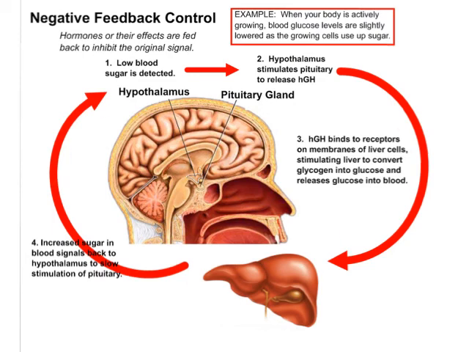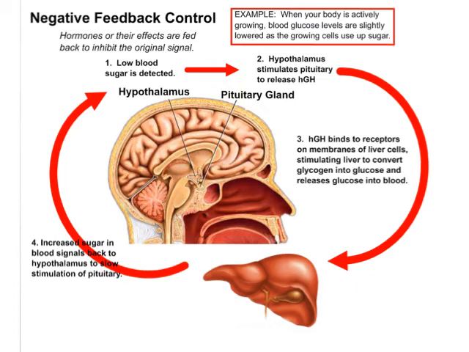The example is when your body is actively growing, your blood glucose levels are slightly lowered as the growing cells use up all that sugar to grow. So when that happens, there is a low blood sugar situation, and the hypothalamus detects that.